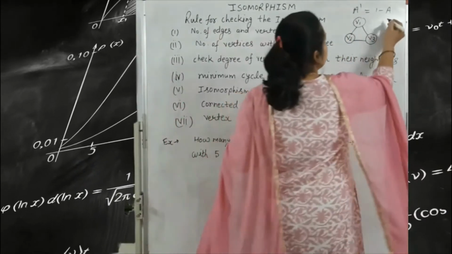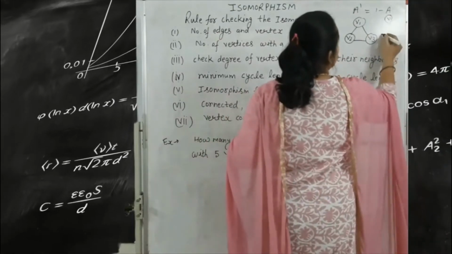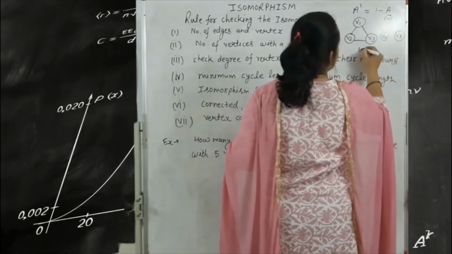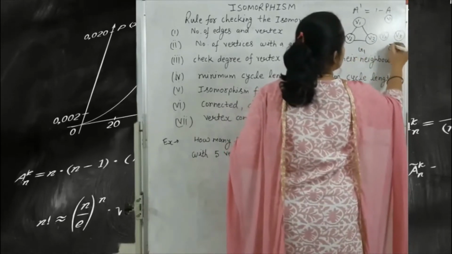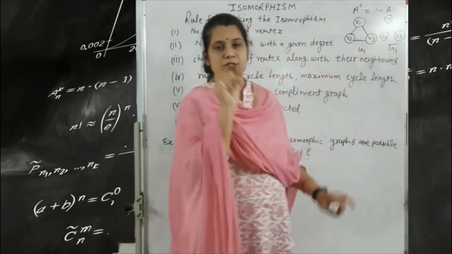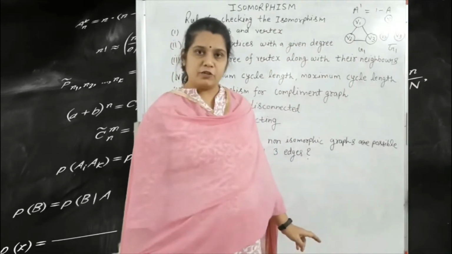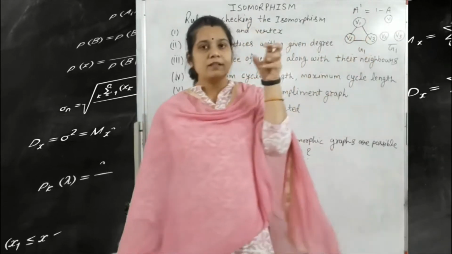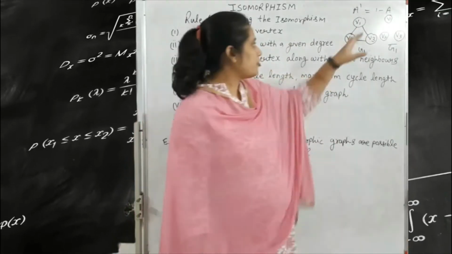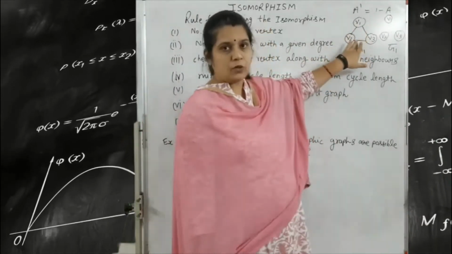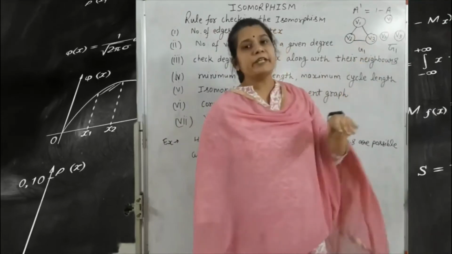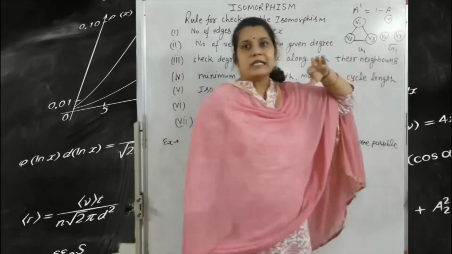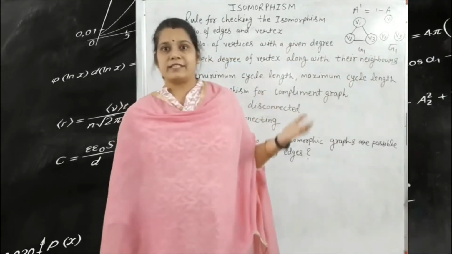We write here V1, V2 and V3 for this graph, for example G1. So this graph is the complement of G1, and we write the bar sign. Here V1, V2 and V3 are not joined by any edges. So the complement of G1 means all the vertices are just like an isolated graph.